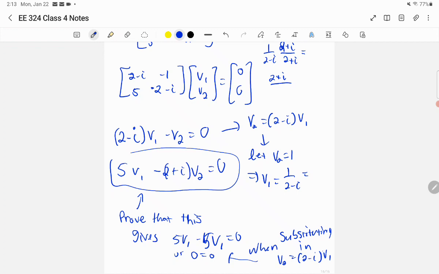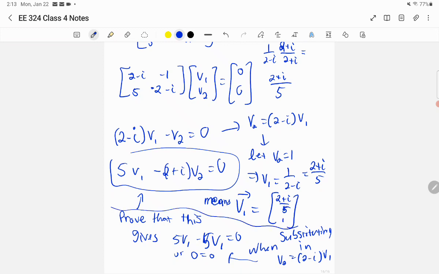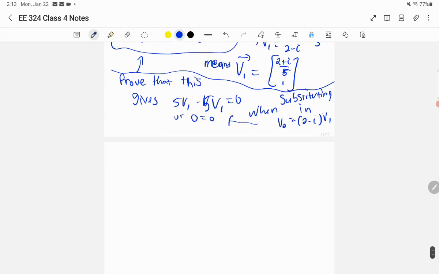Then I get minus i times i, which is minus i squared, but i squared is negative 1, so I get plus 1, so this becomes over 5. So this is the same thing as 2 plus i divided by 5. That means my first vector is (2 plus i over 5, 1). I want you to prove again to yourself that this gives 0 equals 0 down here.